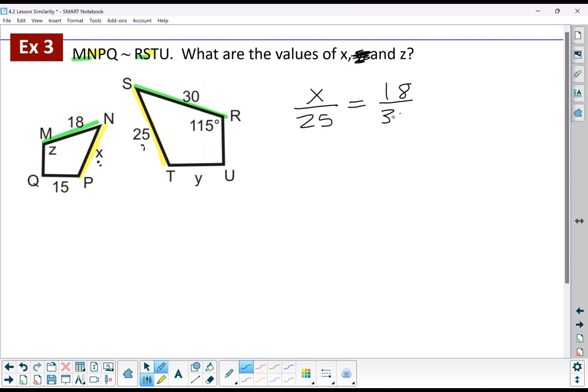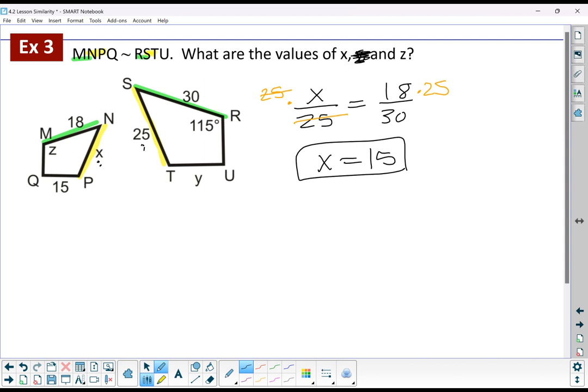The 30 is in the denominator. So to solve for x, I just need to multiply both sides of my equation by 25. That cancels out, and we get, let's see, 18 times 25 divided by 30 is 15. So we know that x has a side length of 15.